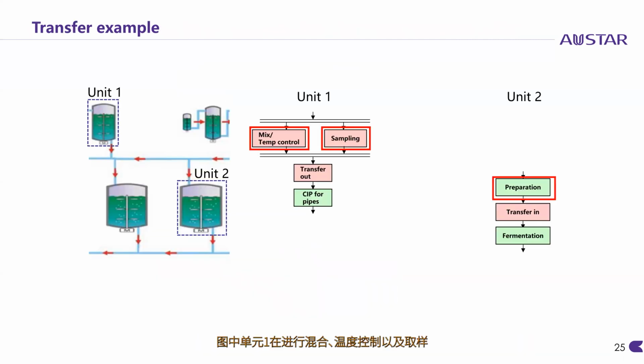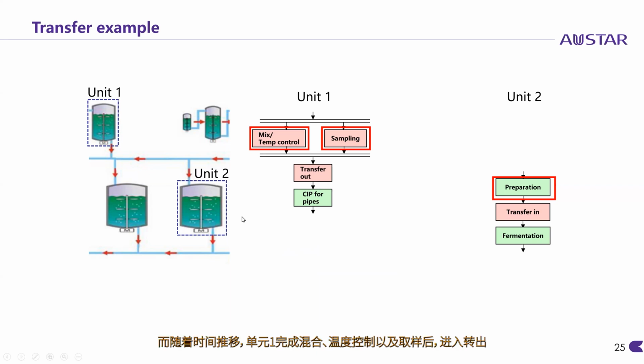So just assume we have unit 1, which at this time is in mix and temp and sampling, producing something. And we have unit 2, which is still in preparation. It's not ready yet to receive material.